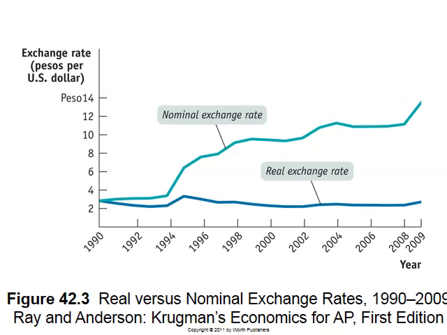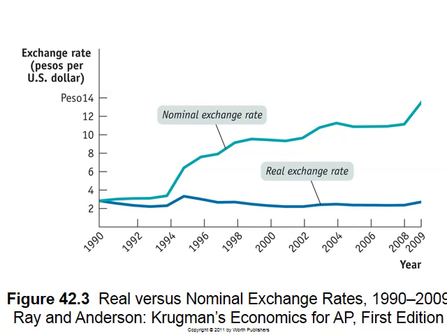Figure 42.3 illustrates just how important it can be to distinguish between nominal and real exchange rates. The line labeled nominal exchange rate shows the number of pesos it took to buy a US dollar from 1990 to 2009. The peso depreciated massively based on this line.